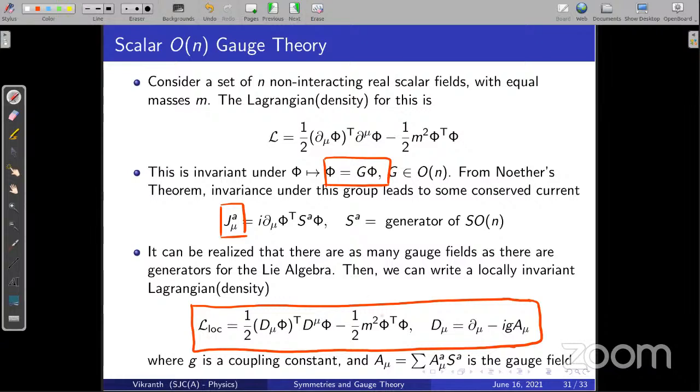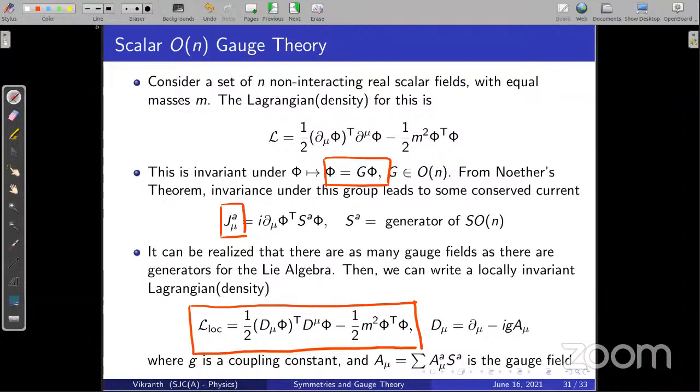Now, this is the Lagrangian, that's just a derivative. What this is trying to tell us is how your transformation would locally affect the field that you're studying.